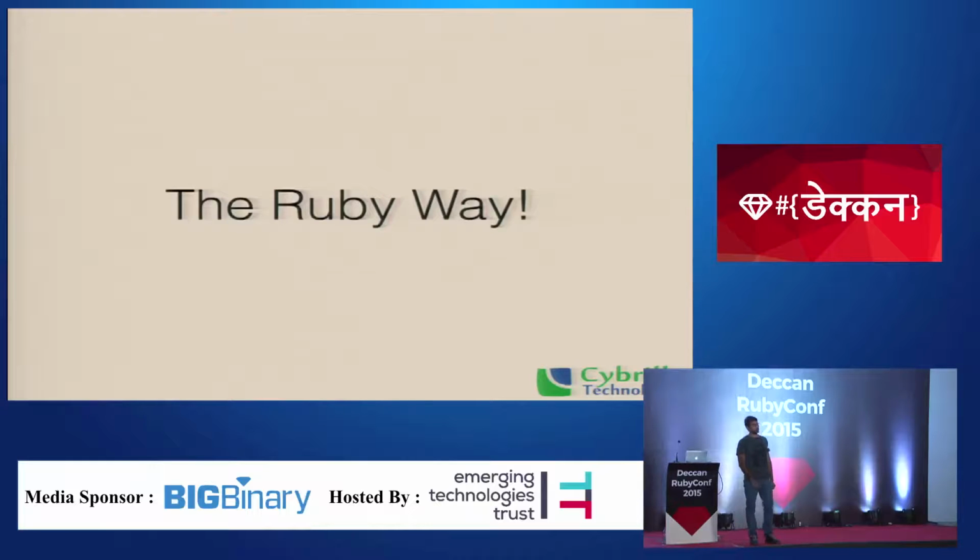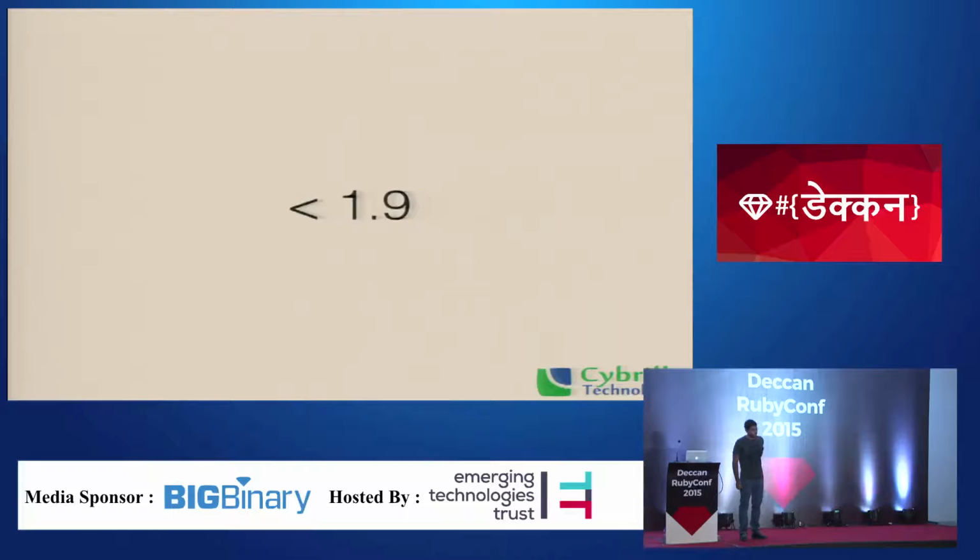So let's try to figure out how Ruby handles it. Ruby supports encodings in an interesting way compared to other programming languages like Java or Python. I'll tell you what the difference is going forward. It's good to understand what support Ruby has before 1.9 and after 1.9.